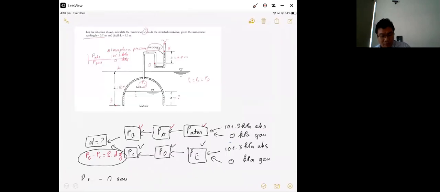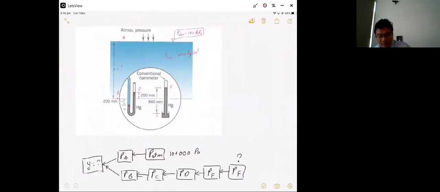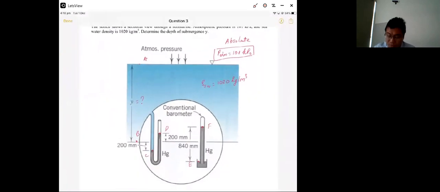But in this question, this one is closed. So how about pressure F, PF? If this tube is open, the pressure F will be equal to air pressure inside the submarine.